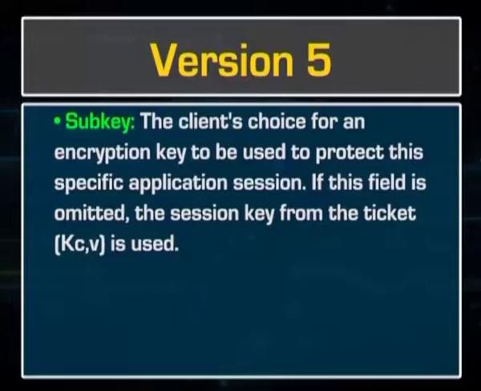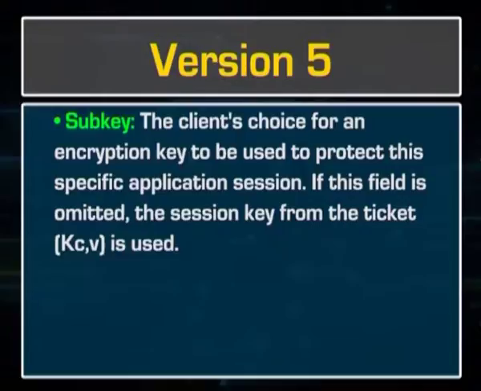Finally, for the client server authentication exchange, several new features appear in version 5. In message 5, the client may request as an option that mutual authentication is required. The authenticator includes several new fields, which are as follows. Number 1 is subkey, the client's choice for an encryption key to be used to protect this specific application session.